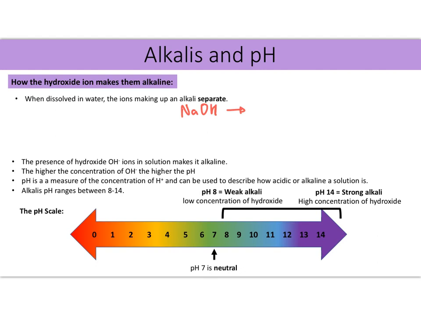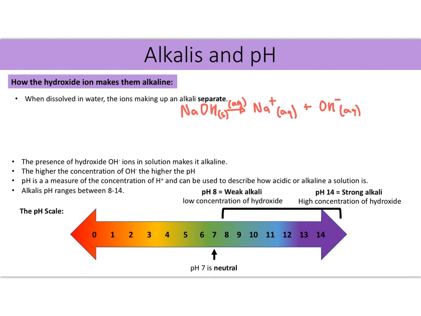Now we know it's soluble, so when any ionic compound is dissolved in water, the giant lattice breaks apart and the ions become free and totally separate from each other. So if we dissolve our sodium hydroxide solid in water, what we in fact have are Na plus ions, aqueous, and OH minus ions, aqueous.